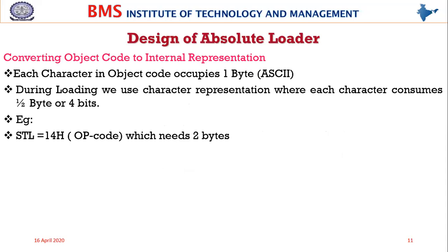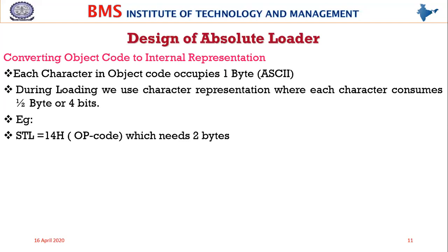The STL opcode is 1,4 hexadecimal. So 1 consumes 8 bits, 4 consumes 8 bits. To represent the 1,4, we need 2 bytes. But while loading, this will be converted into only 1 byte. That means 1,4 is taken as a single value, not 2 bytes.